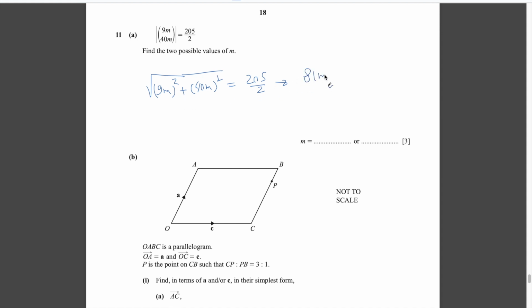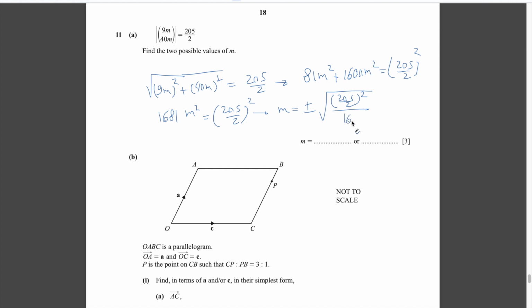It will become 81m squared plus 16m squared is equal to 205 over 2, so 97m squared is equal to 205 over 2. So m will be equal to positive, negative, actually square root of 205 over 2 divided by 97, which will be giving you negative 2.5 and positive 2.5.